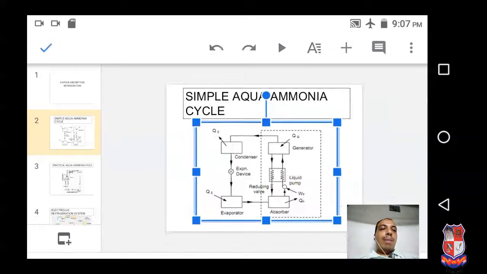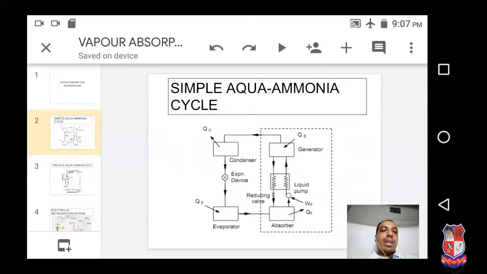Now this mixture, which contains maximum ammonia and minimum water, is known as a rich mixture. This rich mixture passes through the liquid pump and one heat exchanger to the generator.